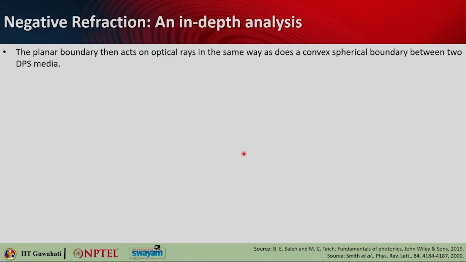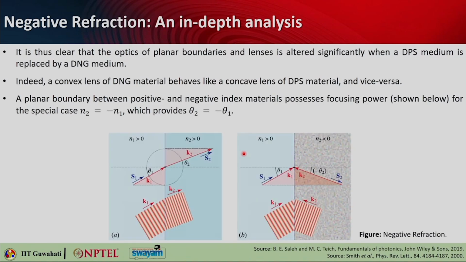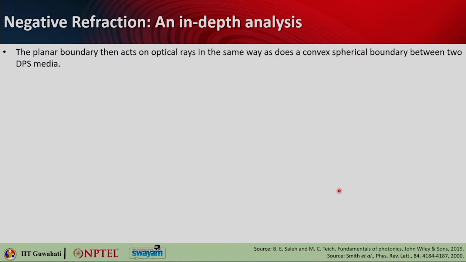So the planar boundary acts on the optical ray in the same way as a convex spherical boundary between two DPS media does. Using a planar boundary between a DPS and a DNG medium, you are creating a lens which is otherwise created by a convex spherical boundary if you consider only DPS media.